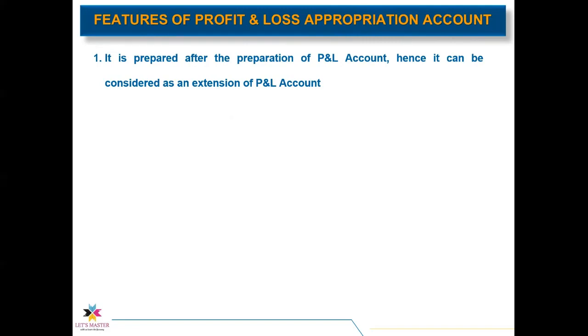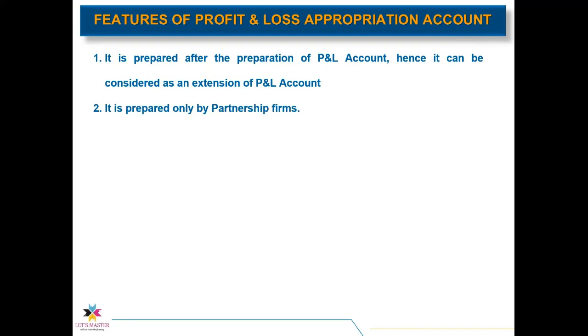So we cannot prepare the profit and loss appropriation account without preparing the profit and loss account. And in profit and loss appropriation account, we simply show how the profit or losses of a partnership firm is being distributed among the various partners. So it can be considered as an extension to profit and loss account.